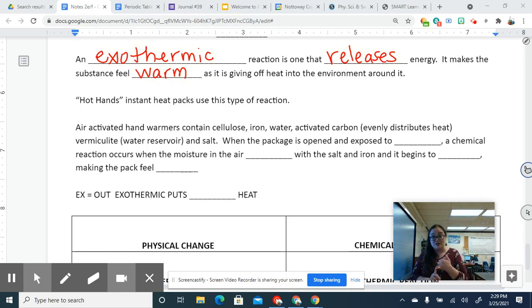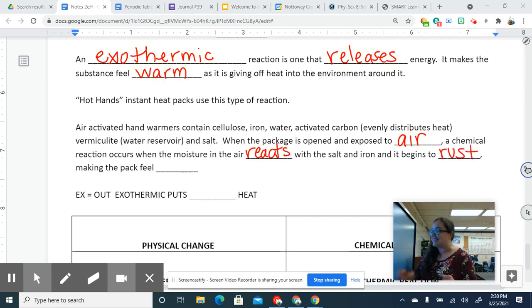So it's got cellulose, which is just plant fibers, iron, so literally little black iron shavings, activated carbon, which just helps evenly distribute the heat, vermiculite, which is a type of thing that grabs onto water in the air, and a little bit of salt. And when you open it and expose it to the air, a chemical reaction occurs when the moisture in the air reacts with the salt and the iron, and it begins to rust.